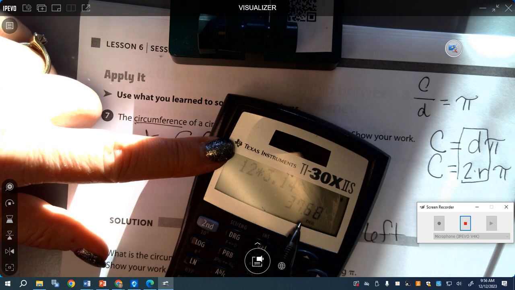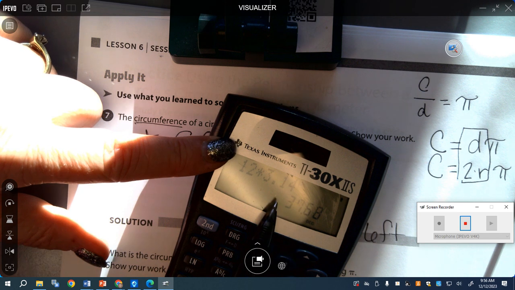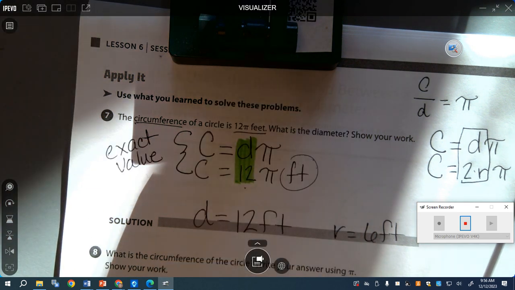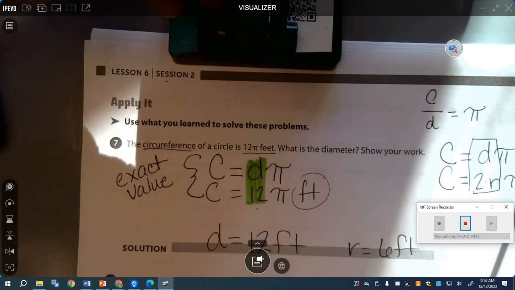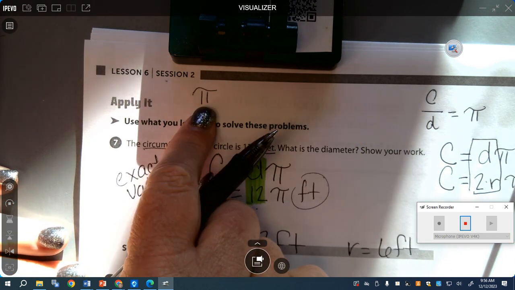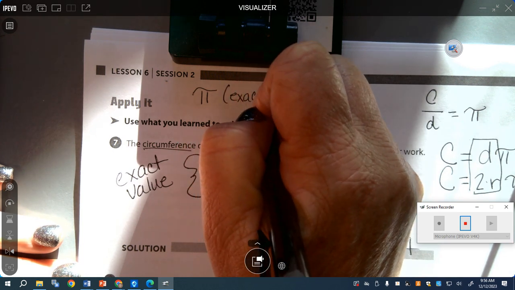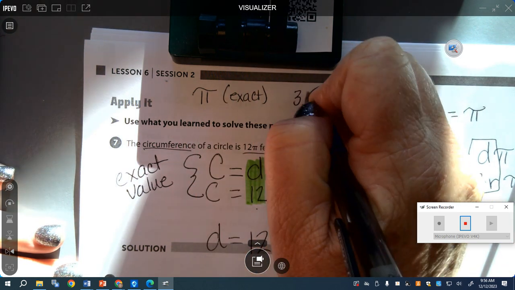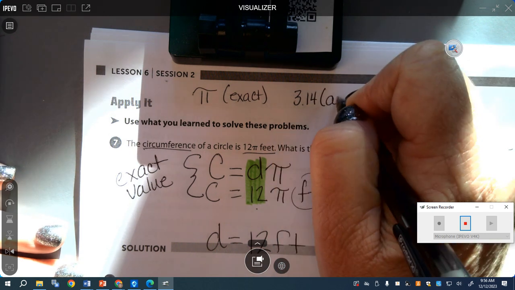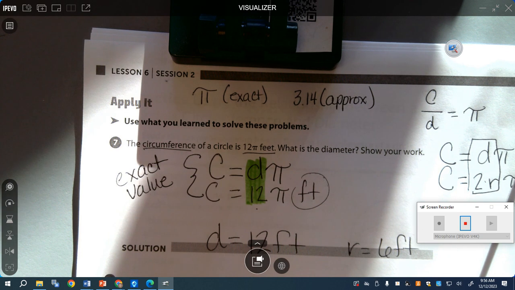It's not the exact answer, it's an approximate, an estimated answer, because I rounded pi to 3.14. So write this on top of your papers right now, please. If you have the pi symbol in your answer, that is showing the exact value. If you have 3.14, that is the approximate value. So it's an estimated or a rounded answer. You're going to see that a lot, trust me.